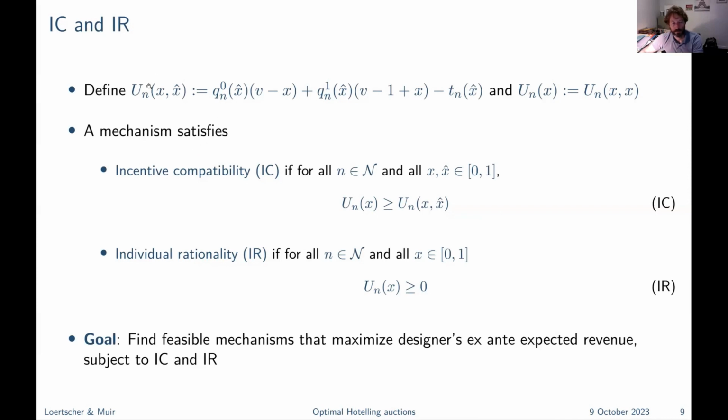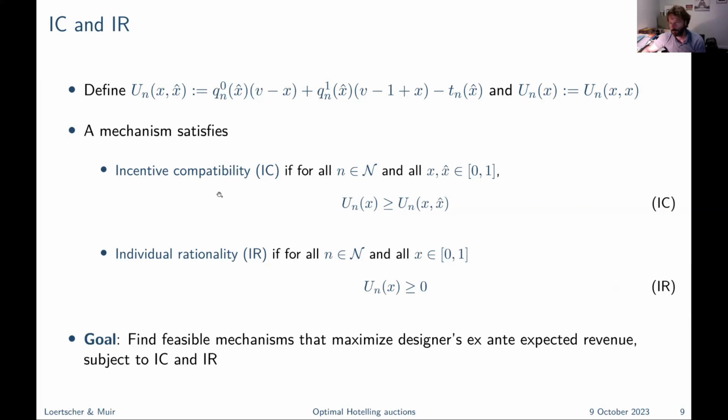Okay, and this U_n(x, x hat) is the expected utility you get when your type is x and you report to be of type x hat. And U_n(x) is the utility you get when you report your type x truthfully.